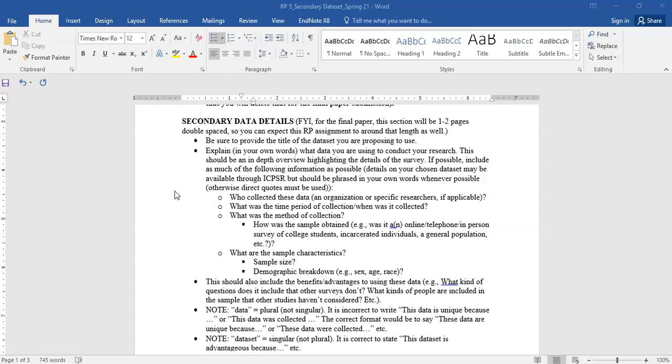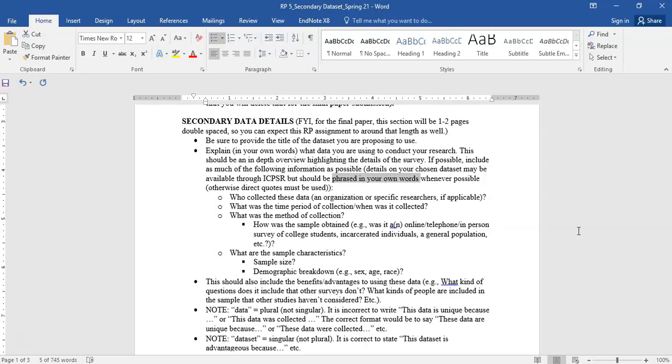So anytime that you are summarizing information, it should be phrased in your own words. But if by chance there's something in particular that you have to quote, you can use direct quotes. But in reality, I really suggest that you try and phrase it in your own words as much as possible.